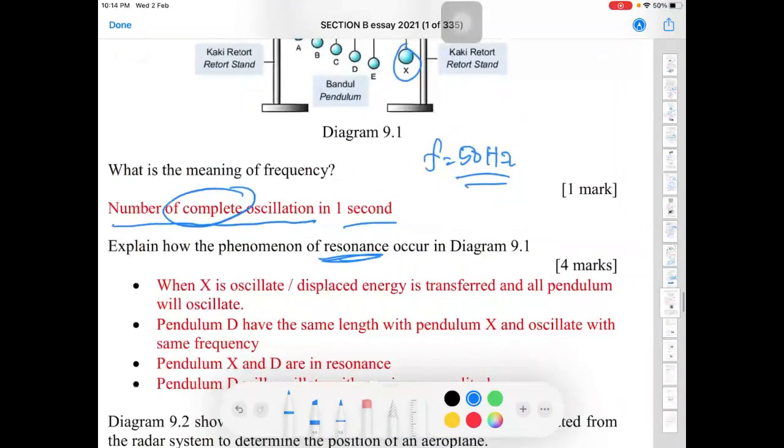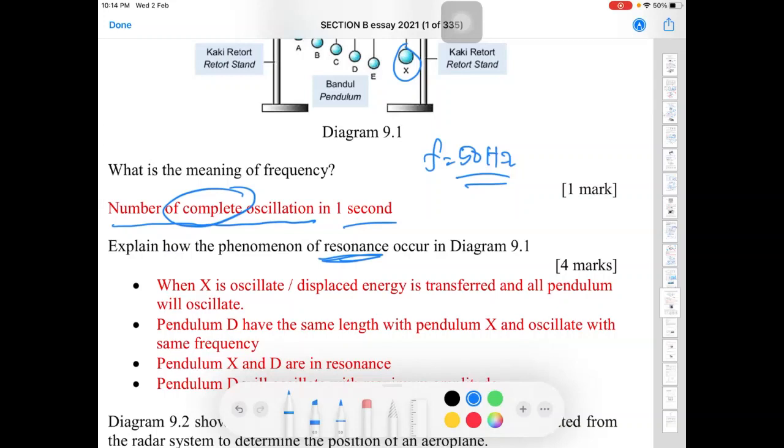Alright, so when X is oscillate, tu tengok cikgu tulis. So when X is oscillate atau displace, energy is transferred to all the pendulum. So bila you oscillate X, dia akan transfer the energy through the string to all the pendulum A, B, C, D and E. Tapi yang mana yang akan oscillate sama dengan X is pendulum yang mempunyai panjang yang sama.